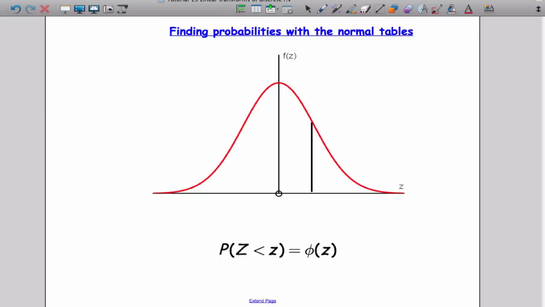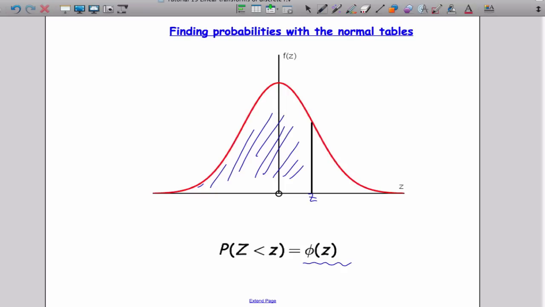Suppose z was here, that's my value z, little z, and I wanted the probability that it's below that value. So I'm basically looking for the total area below that value, and it sometimes can be written as phi of z.